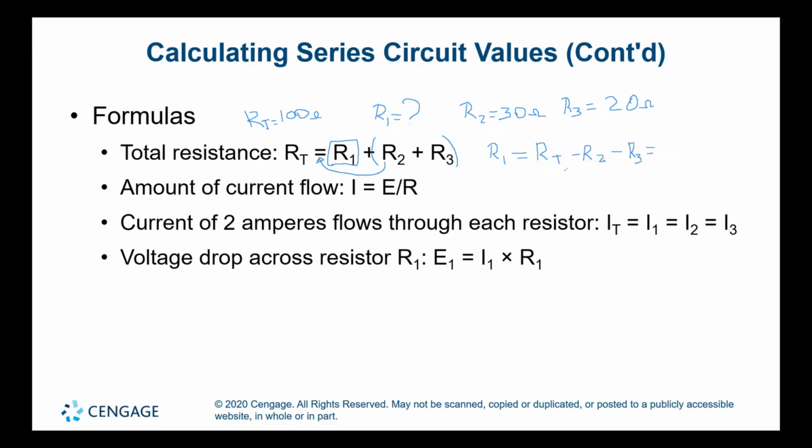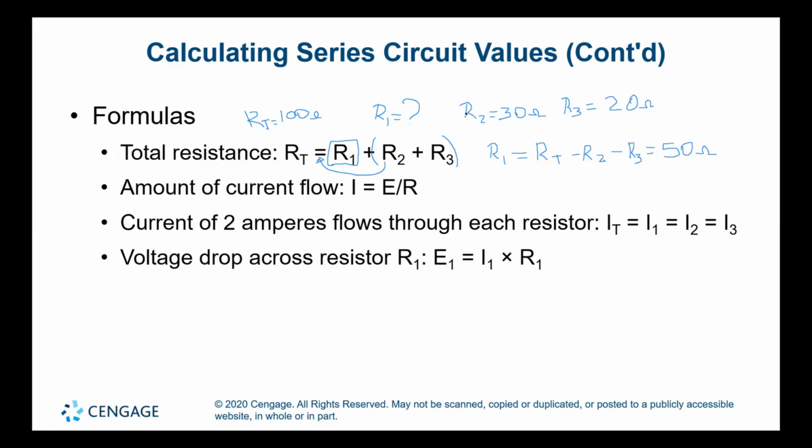When we do that, we have 100 minus 30 minus 20. So R1 is equal to 50 ohms. And you can see that the formula stays intact. Nothing has changed.